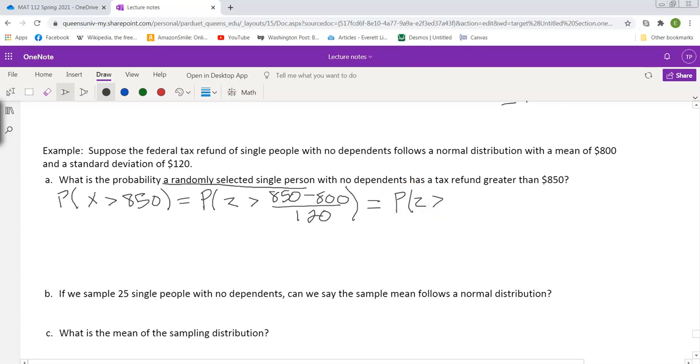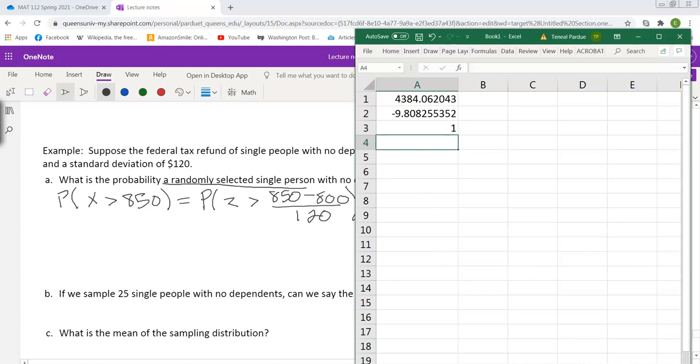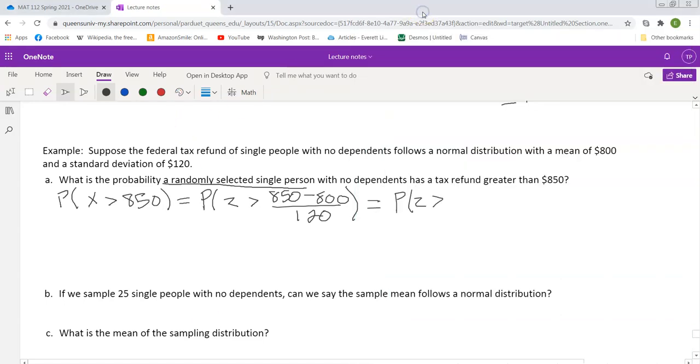So over in Excel, 850 minus 800 over 120 gives us 0.4167.